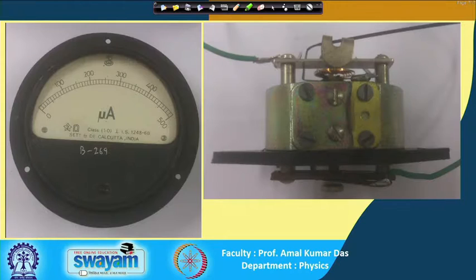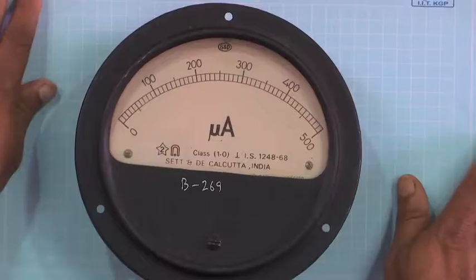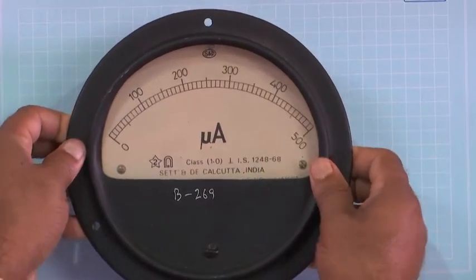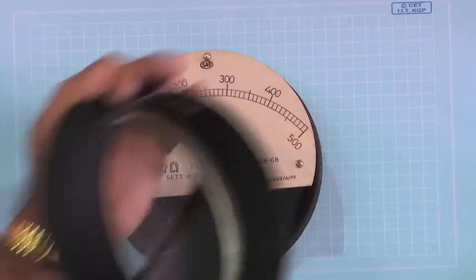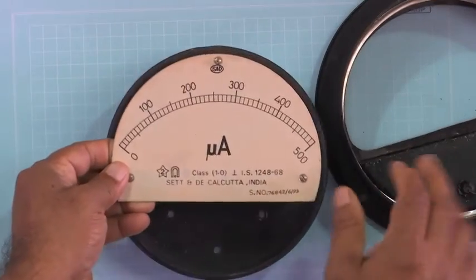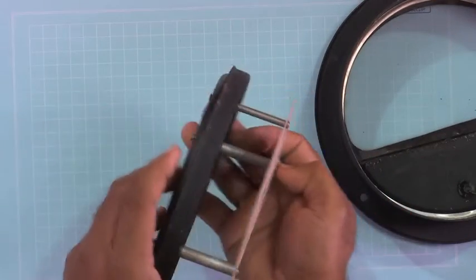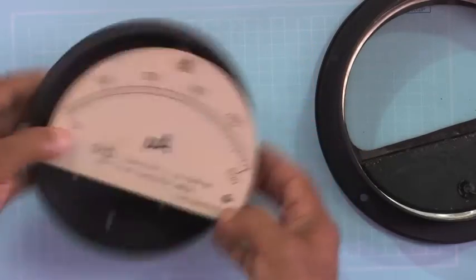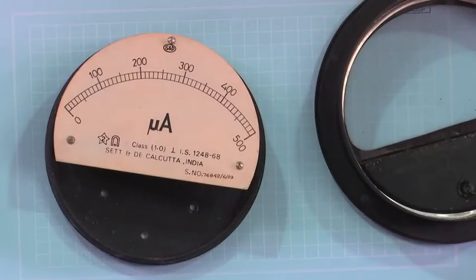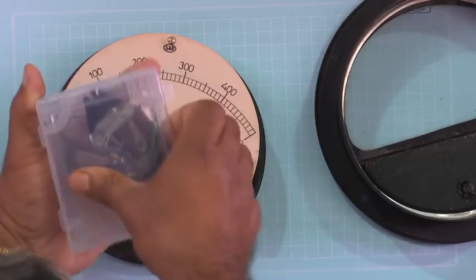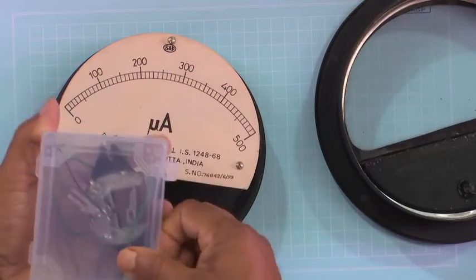So, then I just show you the ammeter. In the ammeter, here I have the ammeter, again I have opened it. Now, the inside part I have kept in a box, just separated it.